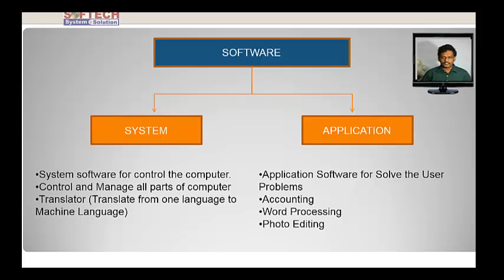Word processing, that is MS Word, helps the user, because the user can create a document through Word. In accounting software, the user can create accounts and manage them. Photo editing also helps the user. But translator and operating system help the computer system. So these are all system software.